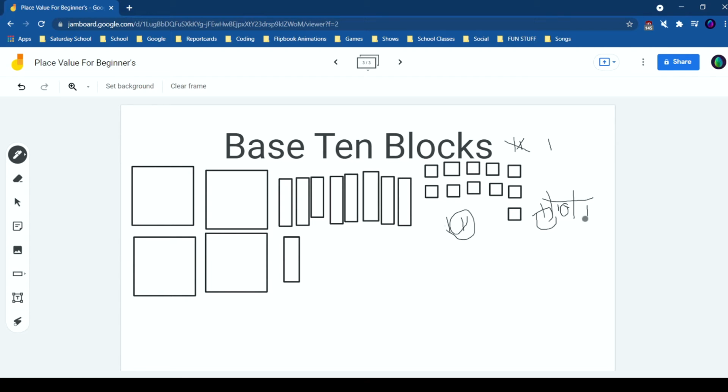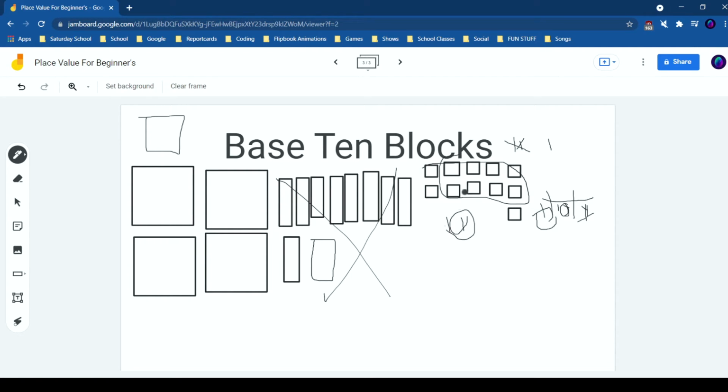So only those digits can fit in one place value area. So right now it's 1 in the ones place, and 0 in the tens place. And now let's count how many more. There's one more additional 100.